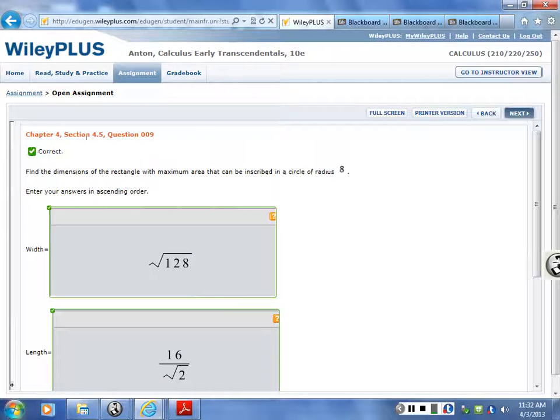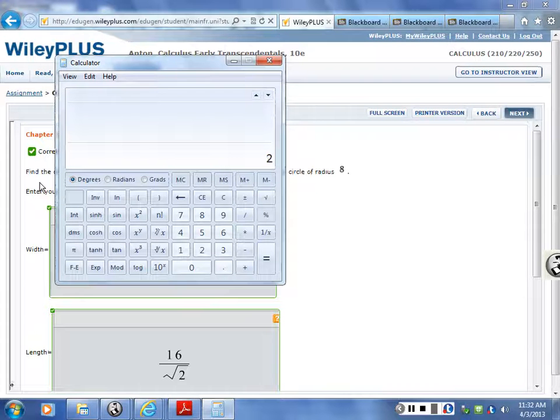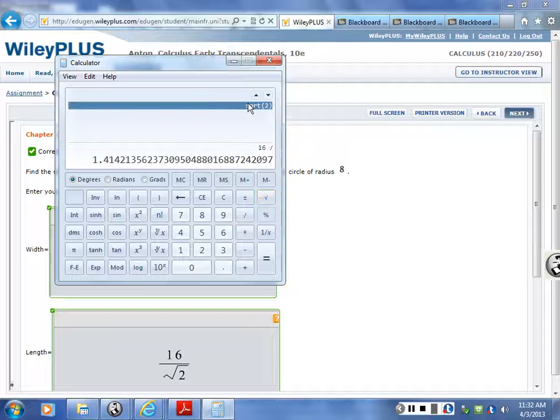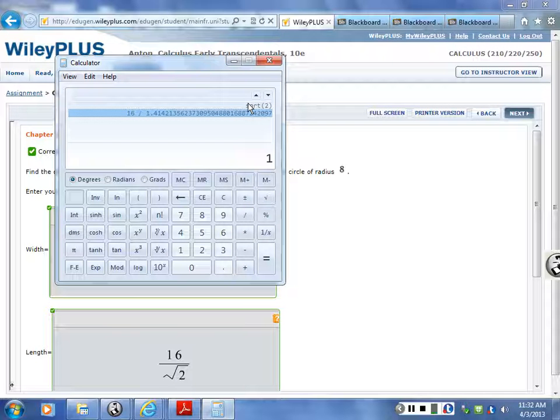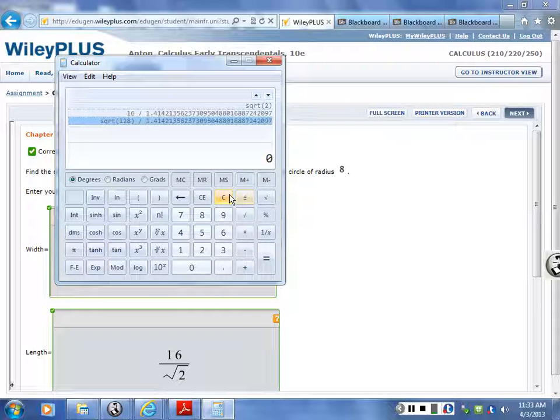Okay, so if I go to a calculator, let's take 16 divided by the square root of 2, and let's take what is 128 squared. You guys see that this is the exact same thing as this, not that. What happened there? The square root, I divided it by the answer.